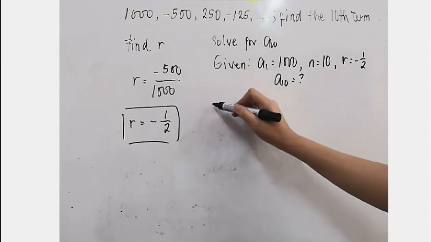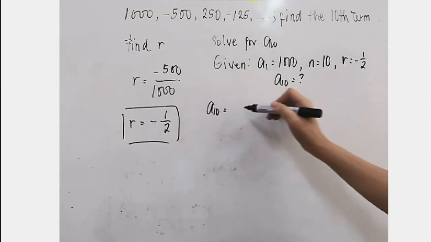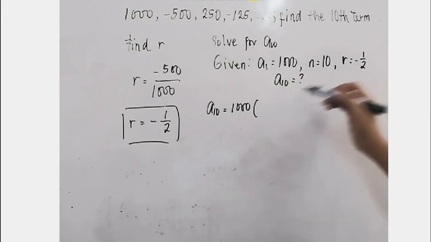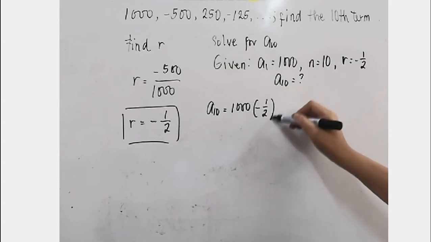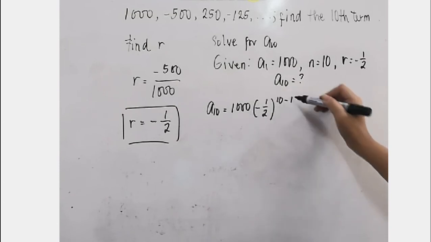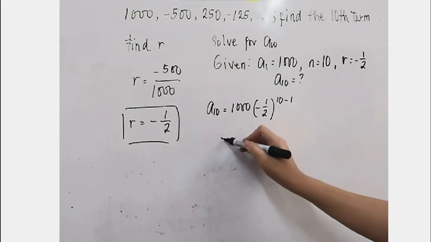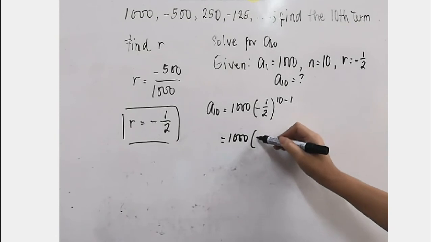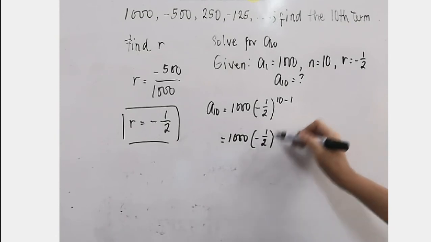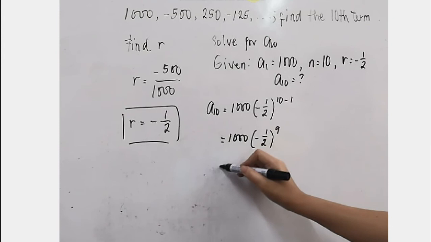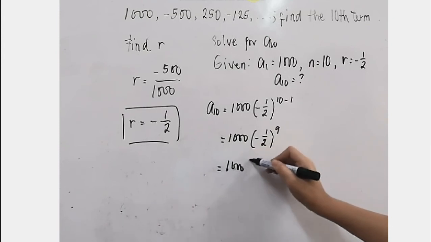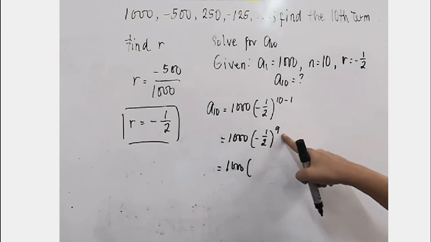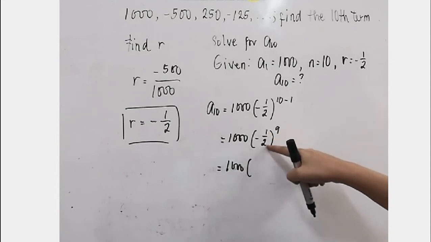Okay? So, let's begin with a sub 10 is equal to 1,000 times your common ratio, which is negative 1/2, raised to 10 minus 1. Next, 1,000 times negative 1/2. 10 minus 1 is 9. Okay? So, 1,000 times, the exponent will be distributed to the numerator and denominator.